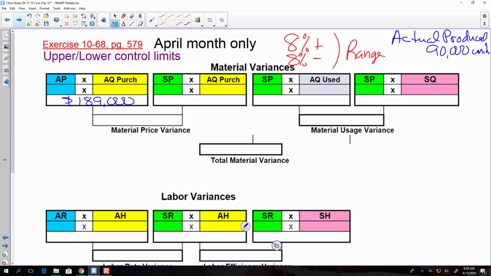Everybody in agreement? Where does the 723 go? Which is pounds. Yeah, in the middle here.